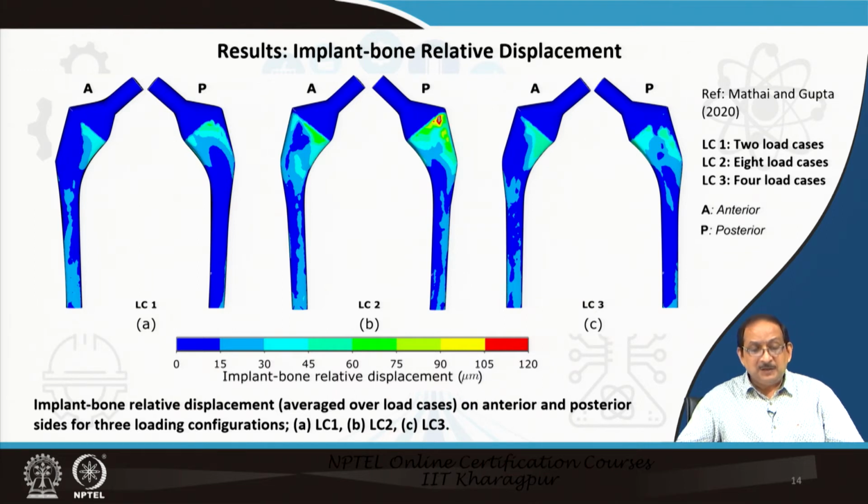The proximal part, or the calcar, of the implant experienced relatively high micromotions, in the order of 40 micron to 120 micron, as compared to other regions for all loading configurations.